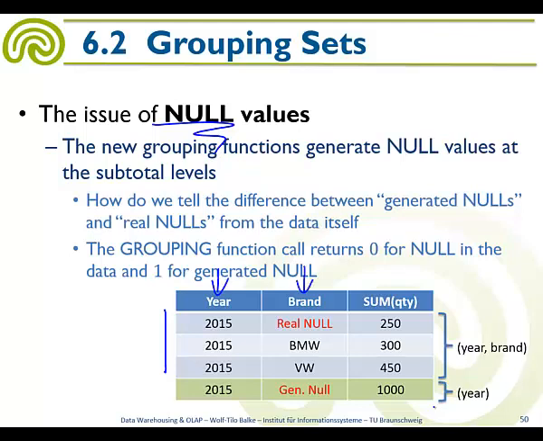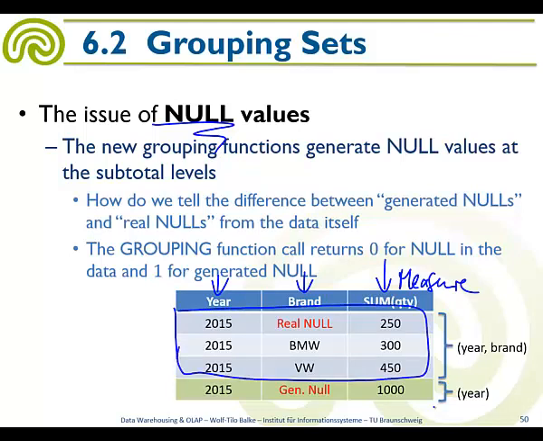Then I have the year and the brand and the quantity as a measure, right? Then this is the real data, and in my grouping set, I aggregate over all the brands. So this is the sum, right, of these values.